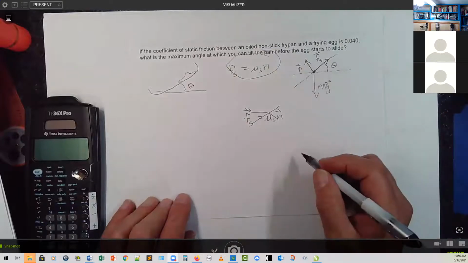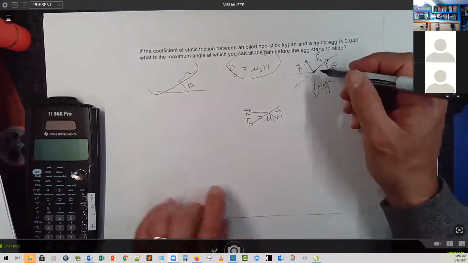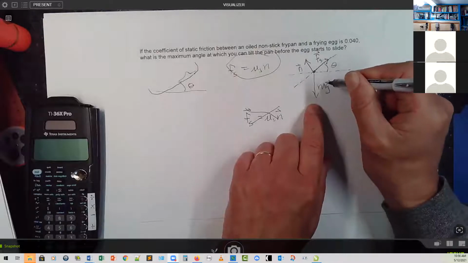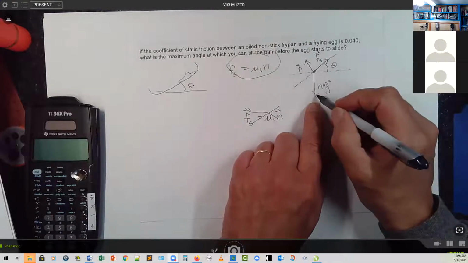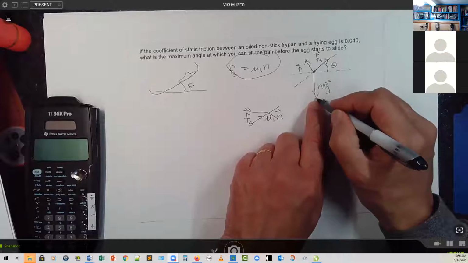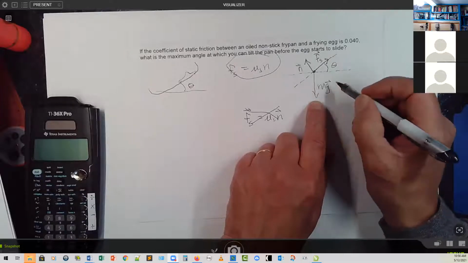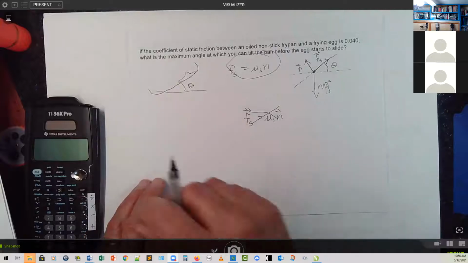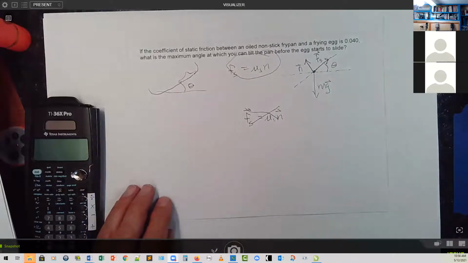And the way you add vectors is to draw one vector, draw another vector, draw the third vector, and every time you come to the arrow end of one vector, that's when you start the next vector. So I'll show you how to draw the picture for that. Well, the mg is just going to point straight down on my picture.